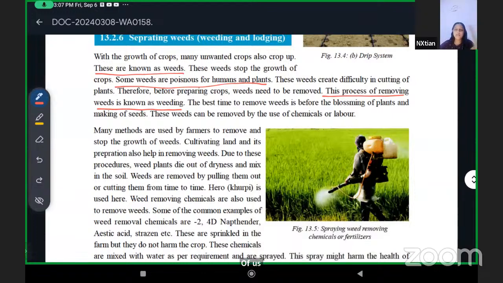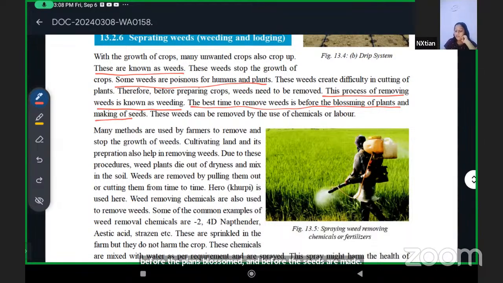So we remove those unwanted plants, and it is called weeding. The best time to remove weeds is before the blossoming of plants and the making of seeds. Weeds are removed right before the plants blossom and before the seeds are made.